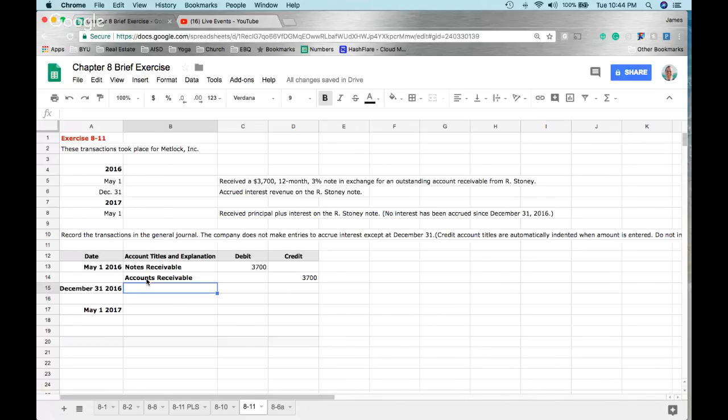All right, December 31st, accrued interest revenue on R. Stoney's note. So this one will be interest receivable, similar to the last exercise. So we'll calculate that in just a sec.